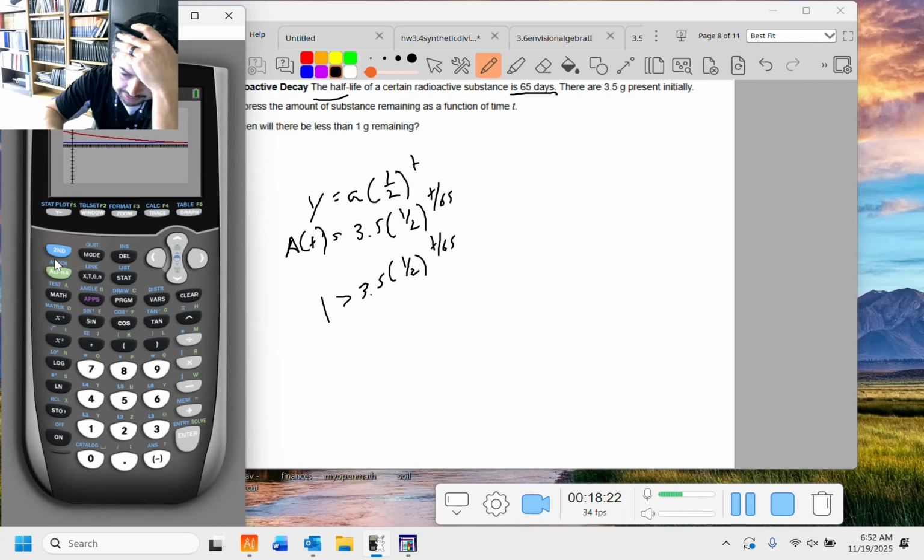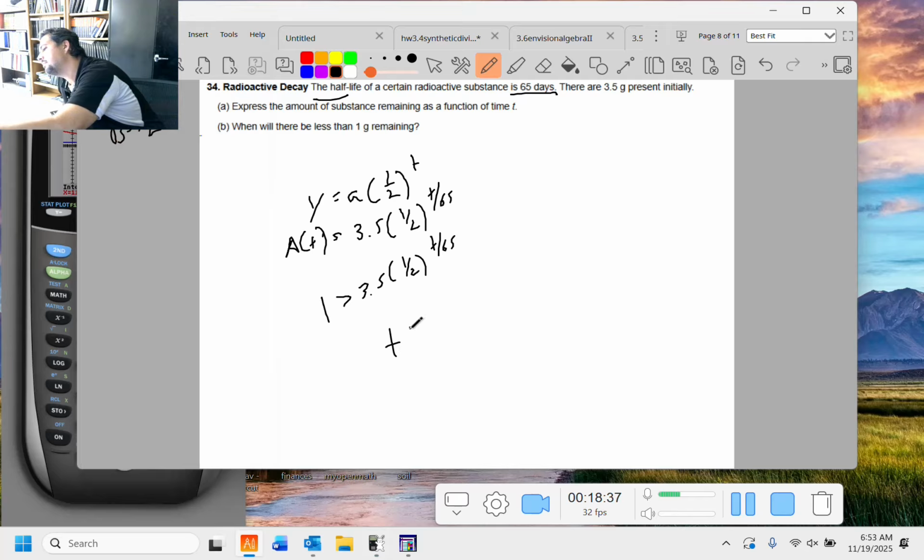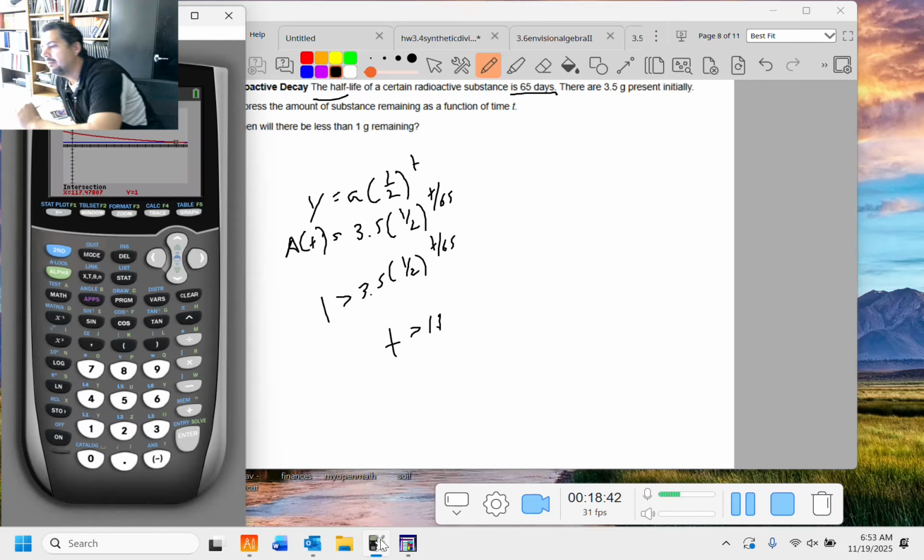Well, it looks like it did cross. So second trace 5, enter 3 times. Bam. 117.4781 days. So for the time bigger than 117.4781.